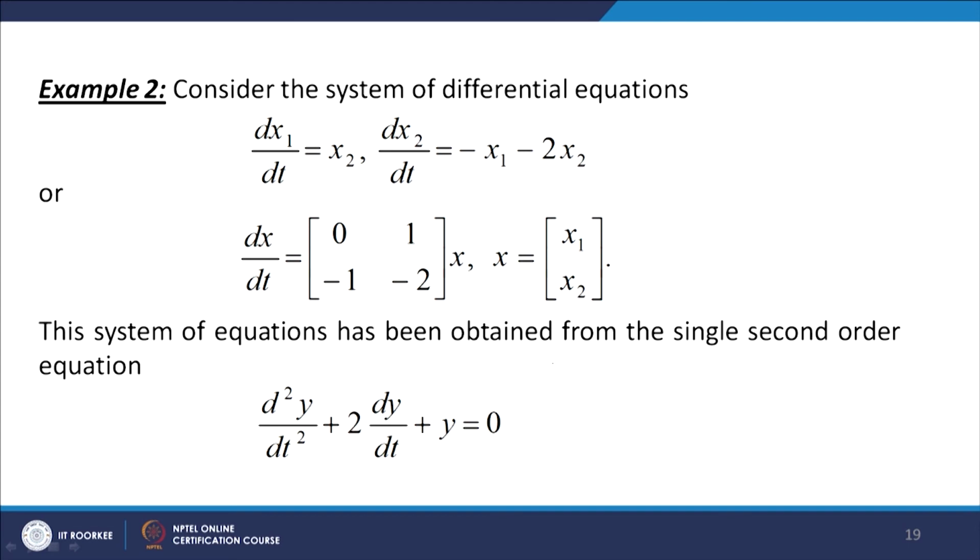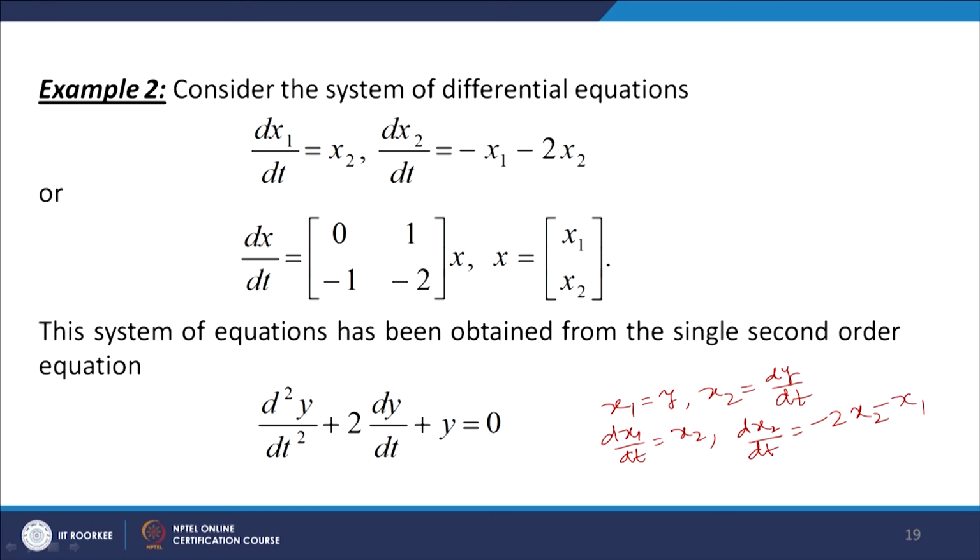Now, this system of equations has been obtained from the single second order differential equation d square y over dt square plus 2 dy over dt plus y equal to 0. You can see here if you take x1 equal to y, x2 equal to dy by dt, then dx1 by dt is equal to dy by dt which is equal to x2, and dx2 by dt will be equal to d square y by dt square which is equal to minus 2 dy by dt minus y, that is minus 2x2 minus x1.